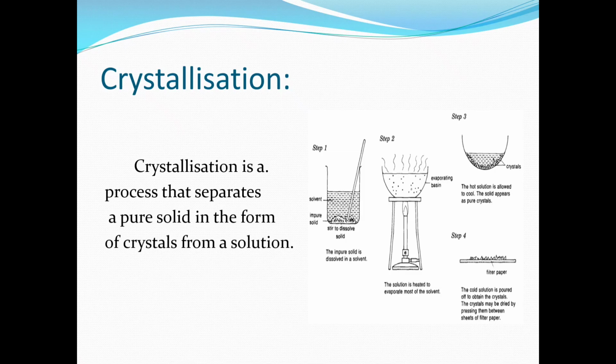In crystallization, first of all, we take the impure sample and heat it, and as the impurities have higher boiling points, on heating those impurities will be evaporated, and so now the pure substance will be present, in the form of liquid or whatever it may be. So as we heat, the impurities will be evaporated and we will get the pure substance.